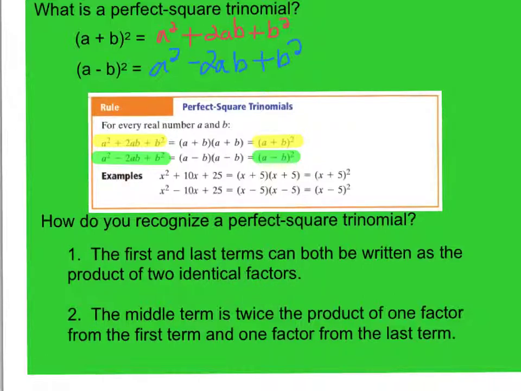Then the second part is the middle term has to be twice the product of the two factors. And our example is right here. We know that x and 5 are the square roots. And if we go 5 times x and we double it, we end up with 10x. So we're going to do some examples to show this in a better way.